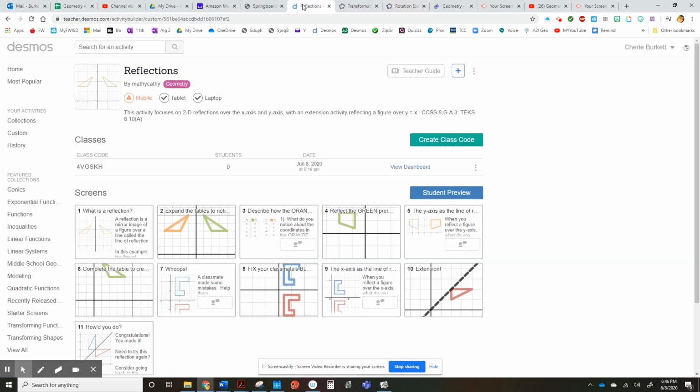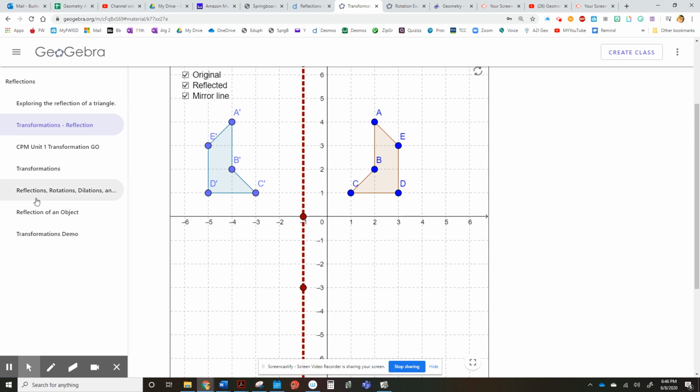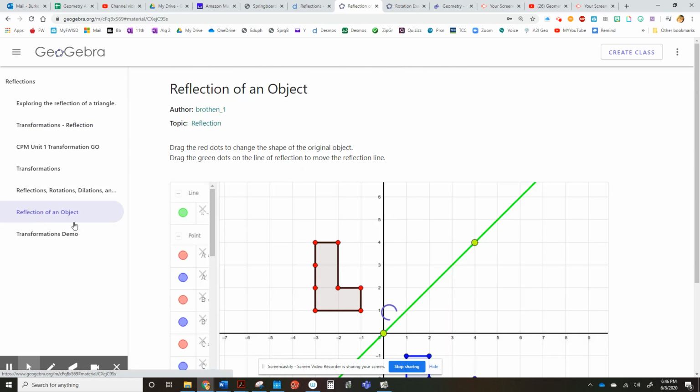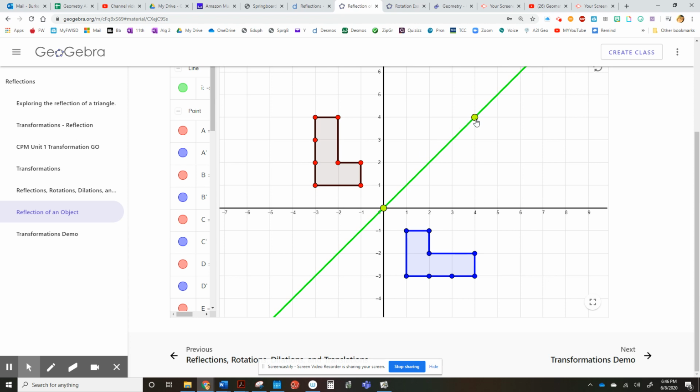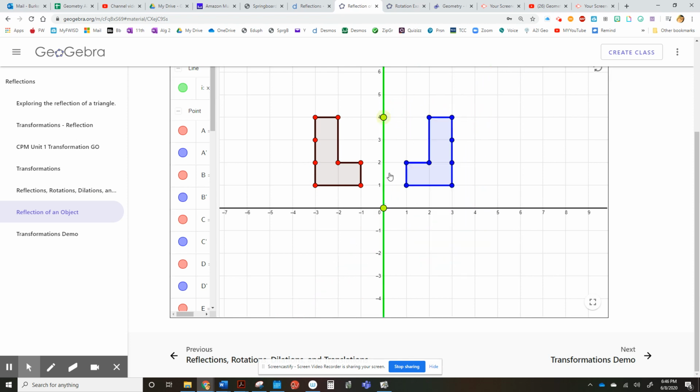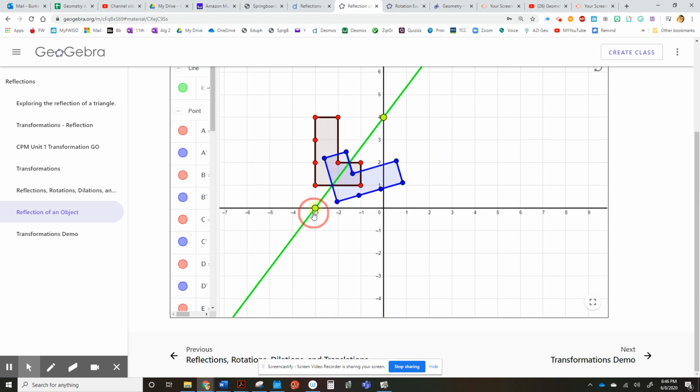This one is really more for getting a visualization of what happens. You can see what it looks like. And you can also check the ordered pairs and see, does that rule that I learned hold here?